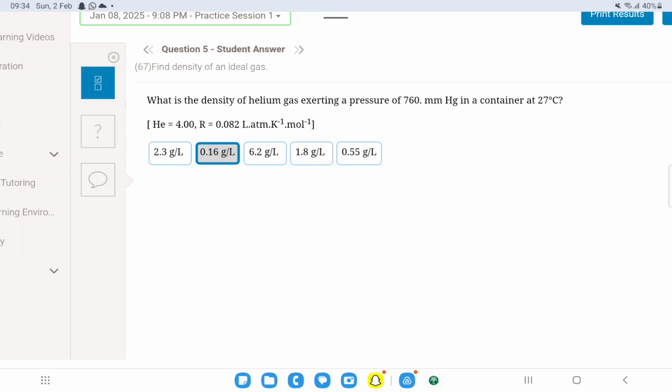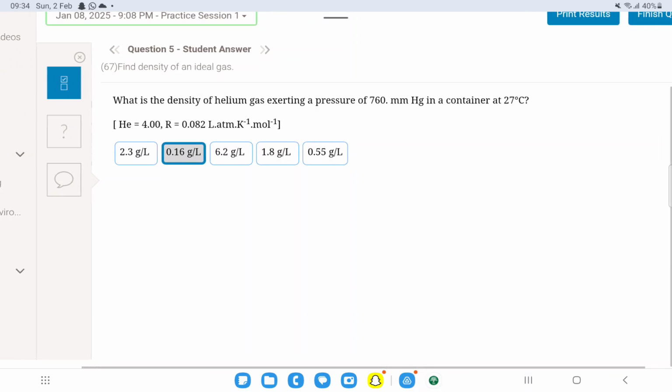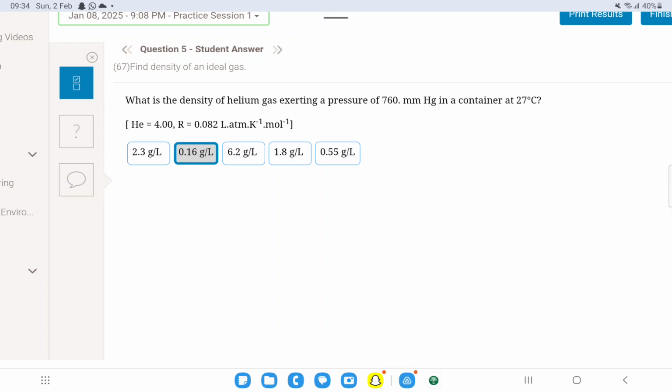What is the density of helium gas exerting a pressure of 760 millimeter Hg in a container at 27 degrees Celsius? So they want the density.